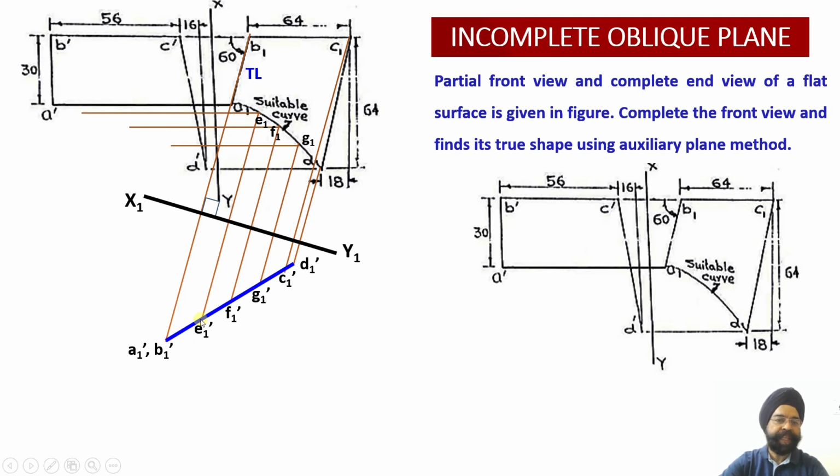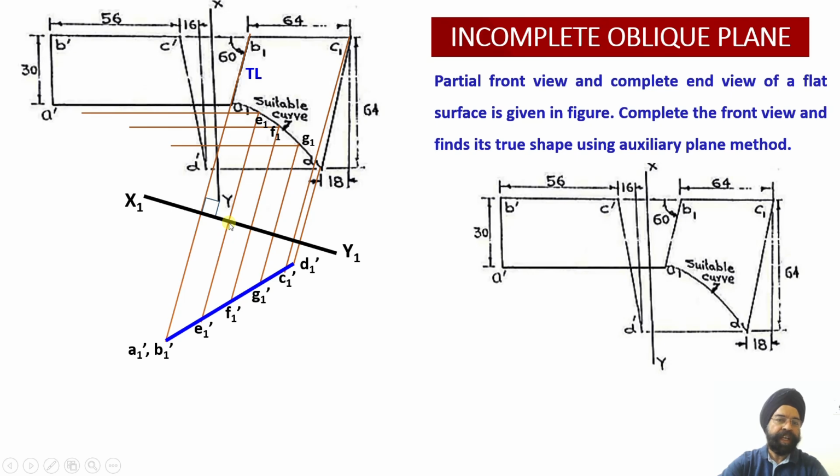So this would have been the distance of the E dash point had I got the curve available over here. Since this curve is not available, first of all I have worked out the locus line of the E dash. Now I have worked out the distance of this point from the XY line. So this distance gives me the distance of E dash from the XY line.